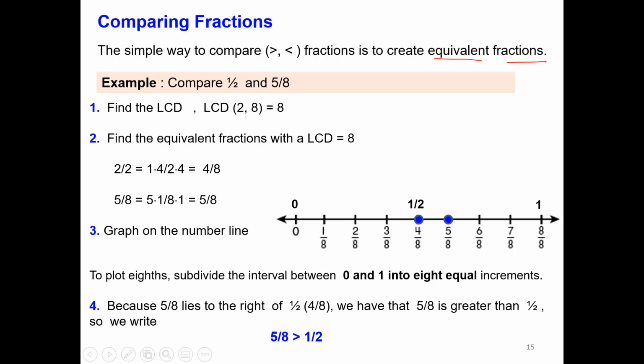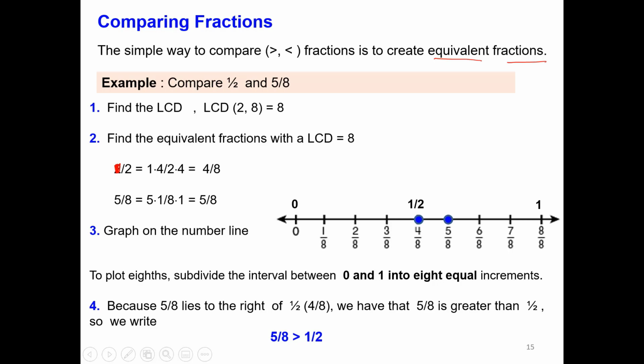Here it should be 1 over 2, okay. And we need to multiply 2 by 4. Yes, 2 times 4 is 8. Then we need to multiply the numerator by 4 also.